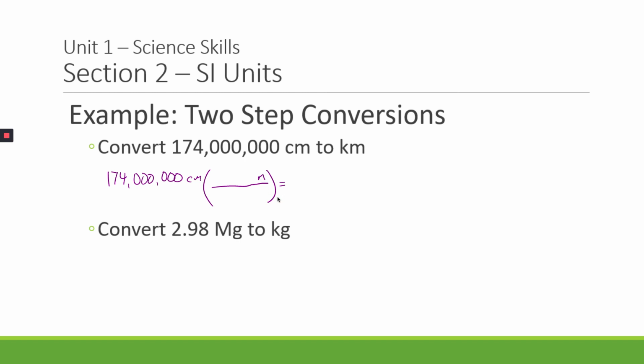So I'm going centimeters to meters. Again, I put centimeters down here, so this would cancel out. And I put meters up here because that's what I want to go into. Again, I know that there are 100 centimeters in a meter, so I'm just going to fill that information out. All right, so 174 million times 1 is 174 million, divided by 100 is 1,740,000.